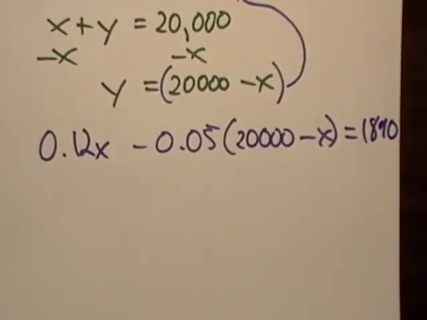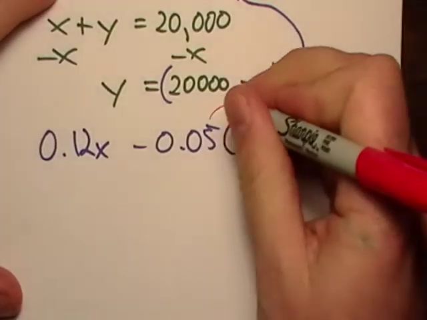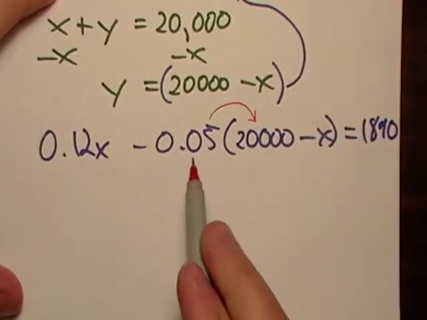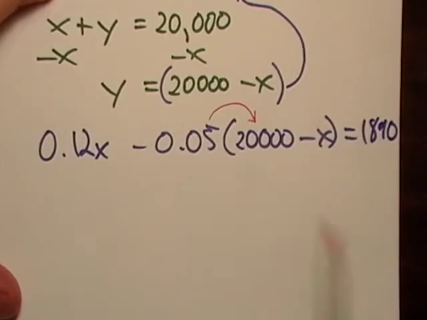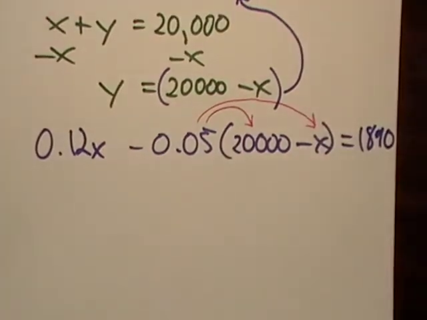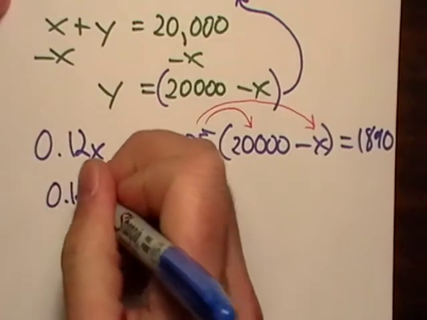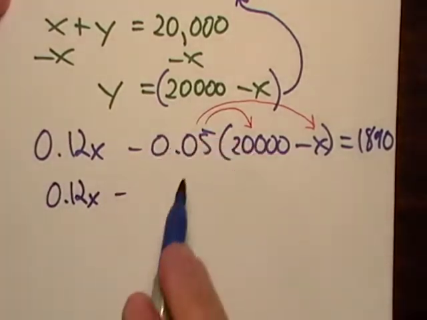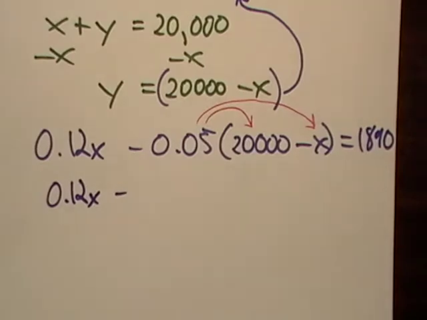So I've got that. Now I'm going to use my distributive property. I'm going to take the negative 5%, 0.05, and distribute it inside the parentheses. So we've got 0.12x minus 0.05 times 20,000. That's like 20,000 divided by 100, should be about 200, I think.